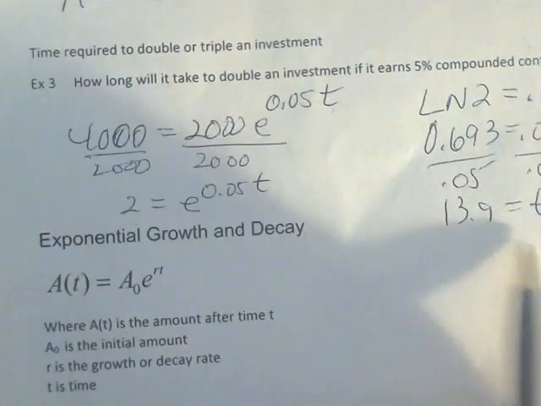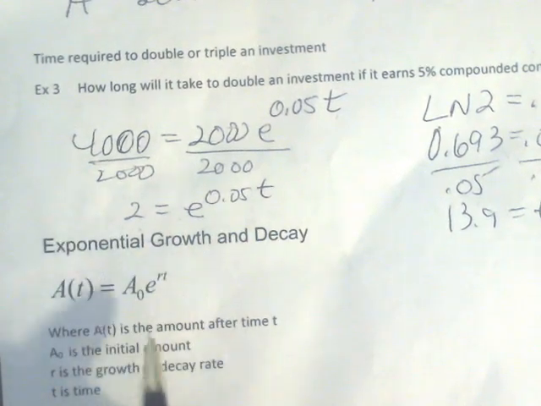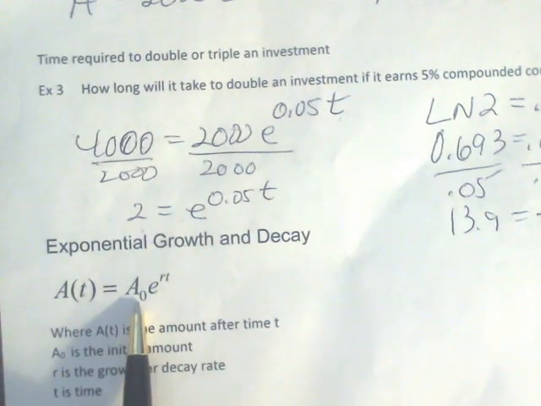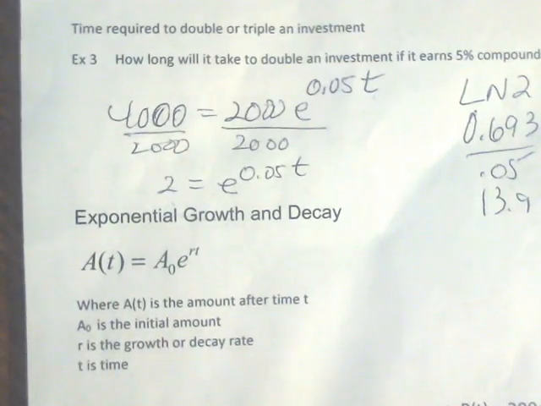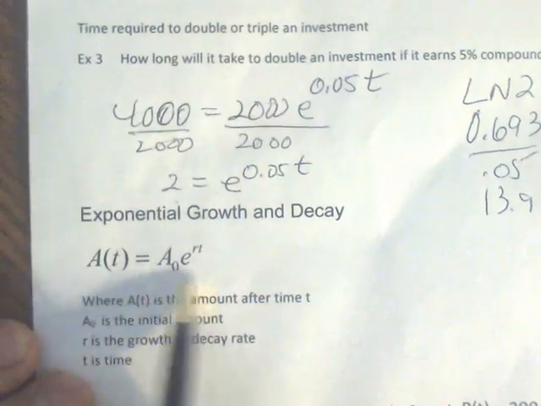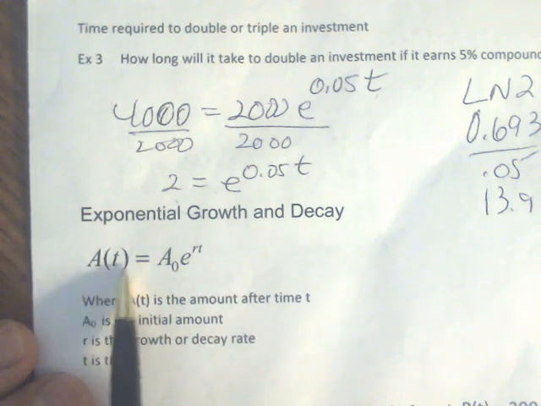Okay, so that's growth. Now, exponential growth and decay works very similarly. You're talking about either bacteria growth, population growth, things decaying. You use this formula right here. A of t is the amount after so much time.